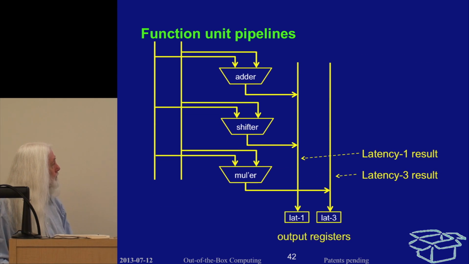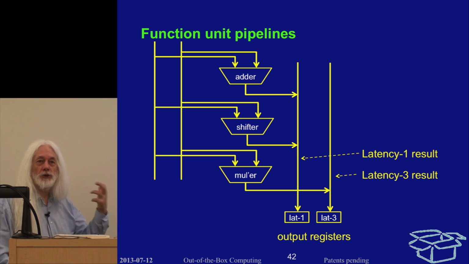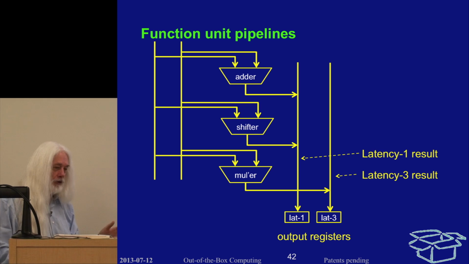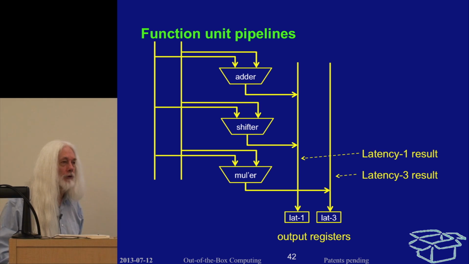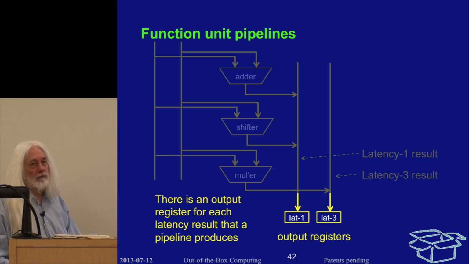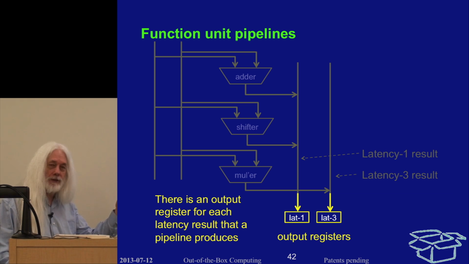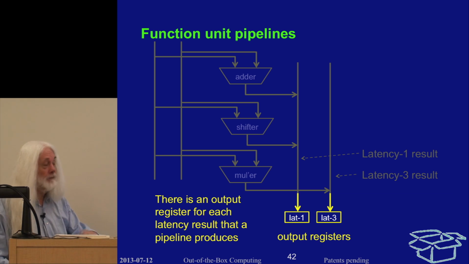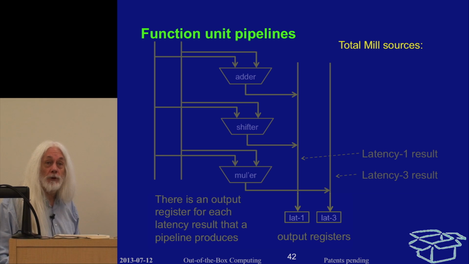Those, in turn, feed into output registers, which simply data capture the result of the functional unit. The adder just falls into this register. That's an internal register, it's not an addressable register. There is, however, an output register for each latency, for each result, because like divide, things can produce more than one result that the pipeline can produce.